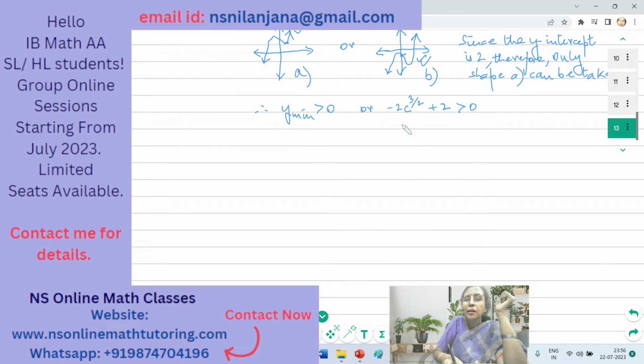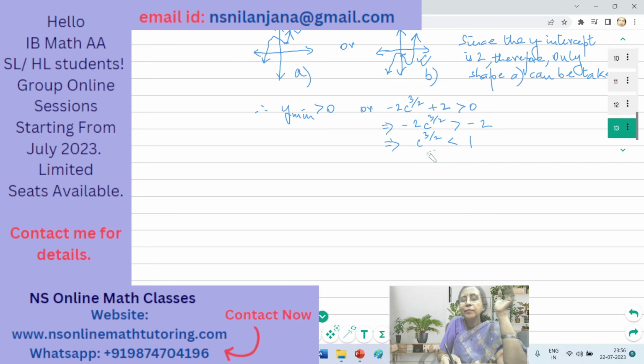So this is minus 2 times c to the power of 3 over 2 is greater than minus 2, and we divide both sides by negative 2. Since we are dividing both sides by negative 2, the inequality sign will be changing. So c to the power of 3 over 2 is less than 1.